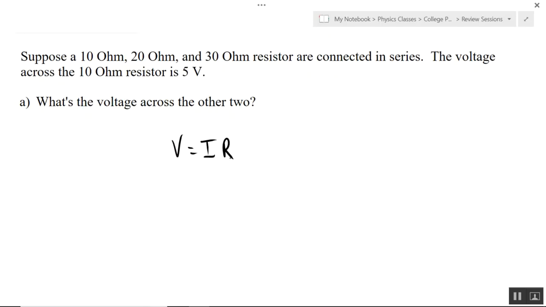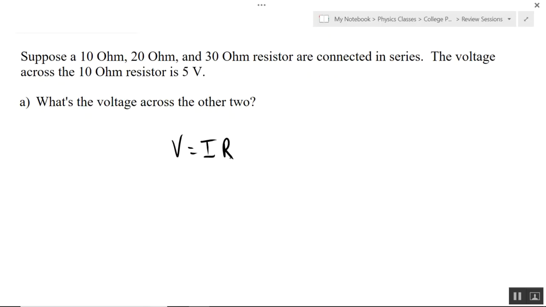If you double the resistance, the voltage doubles. If you triple the resistance, the voltage triples. The resistance of the 20 ohm is twice the 10 ohm, so the voltage across it is twice as much. The 30 ohm is three times bigger than the 10 ohm, so the voltage is three times bigger.